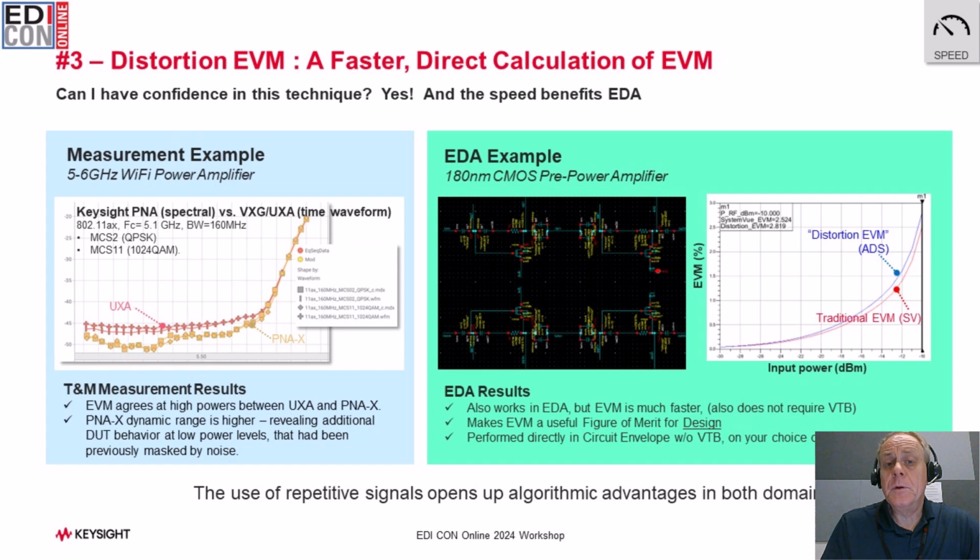And it turns out to be quite a bit faster in design, such that you can do it directly in ADS as a post-processing step without having to have a virtual test bench or formal demodulation. That speed up allows you to do things like contour plots, and in the time it took to do one EVM, you can do many.